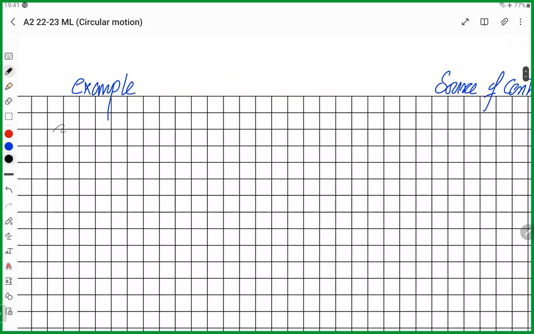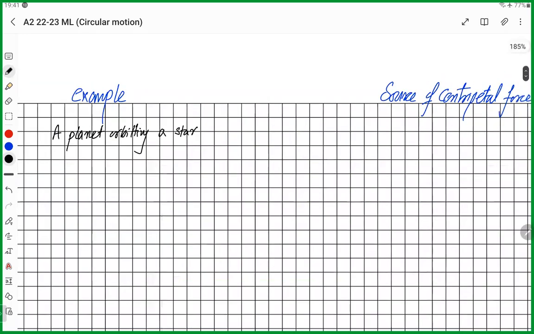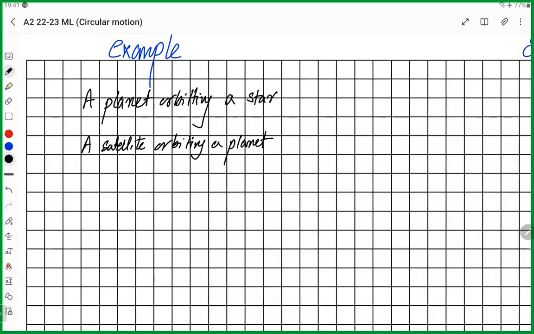Example is a planet orbiting a star, or a satellite orbiting a planet.